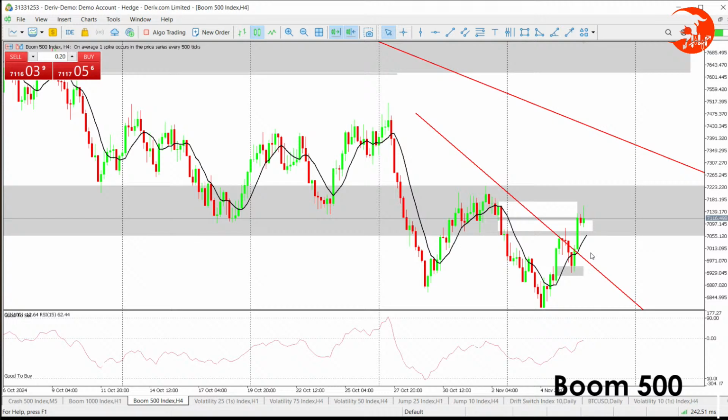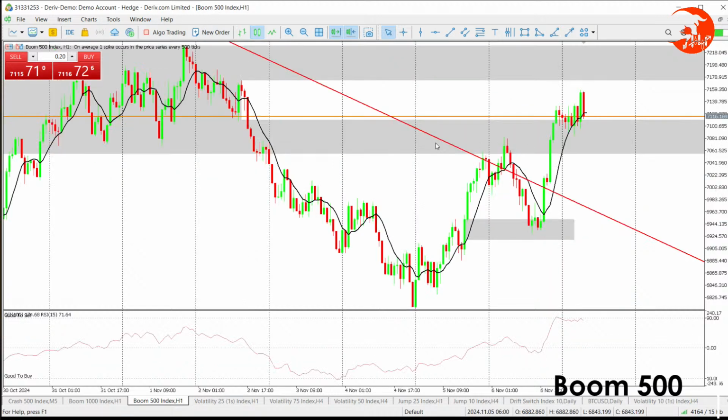We'll get it back if you need it. It has moved. It went back to that fair value gap and even went all the way to the order block. So it has reacted from the order block. So we don't need that fair value gap anymore. So now that we have that, go to H1, and that is the order block there.